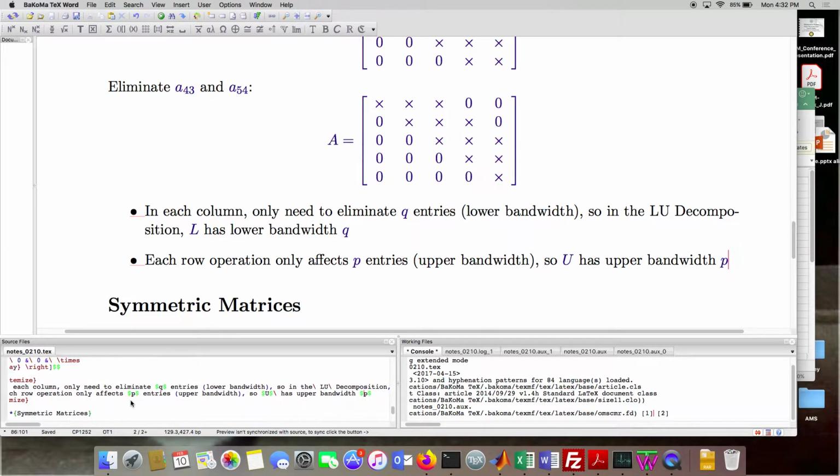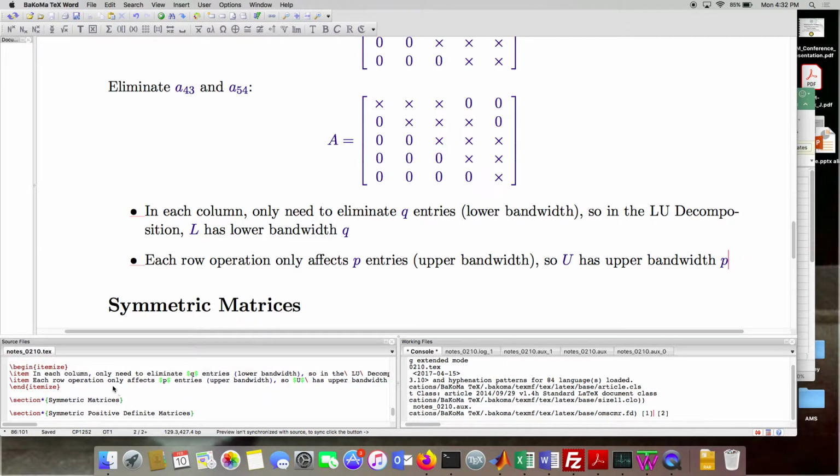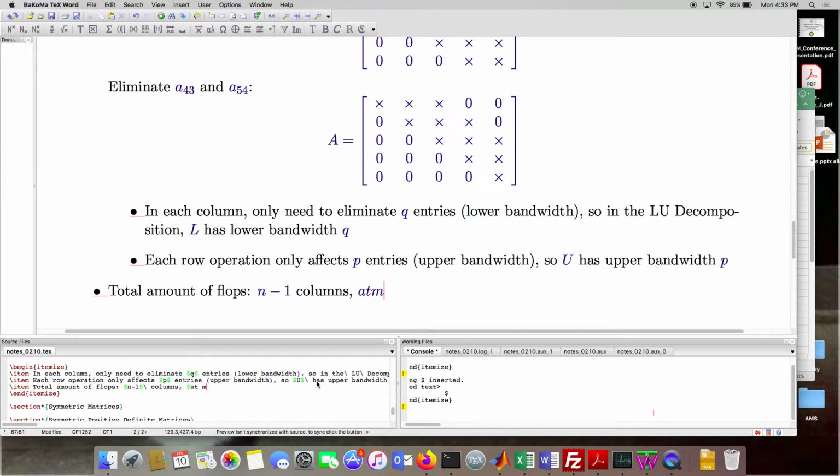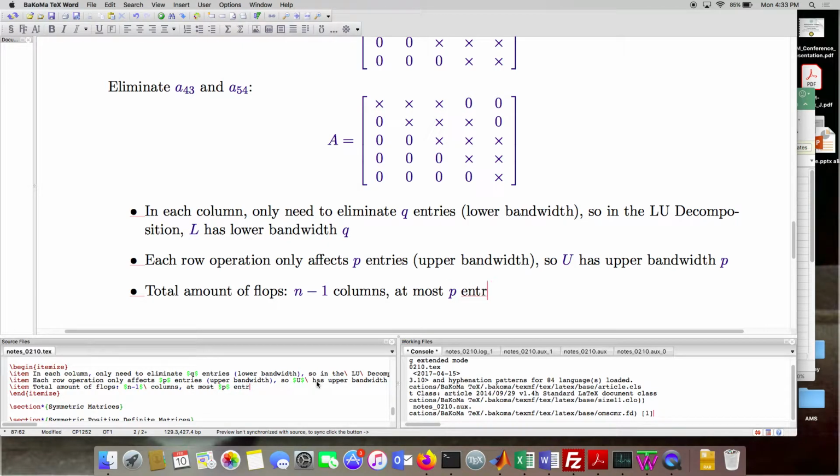Now, what's the total amount of work that we have here from doing all this? All right, so in other words, the total number of flops. Well, we have n-1 columns to work on, at most Q entries to eliminate per column.